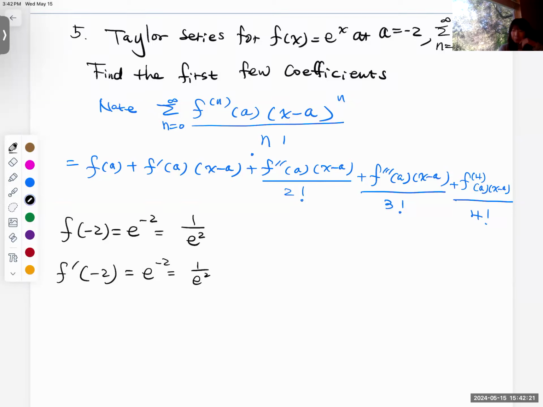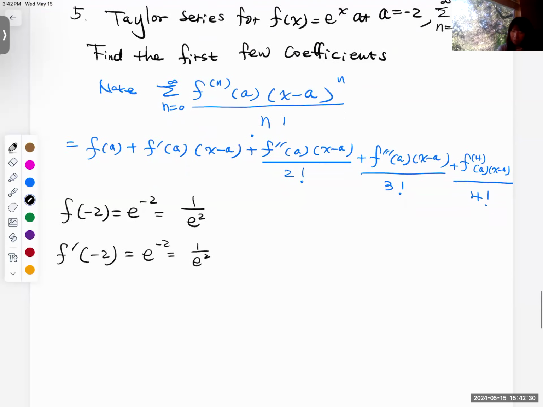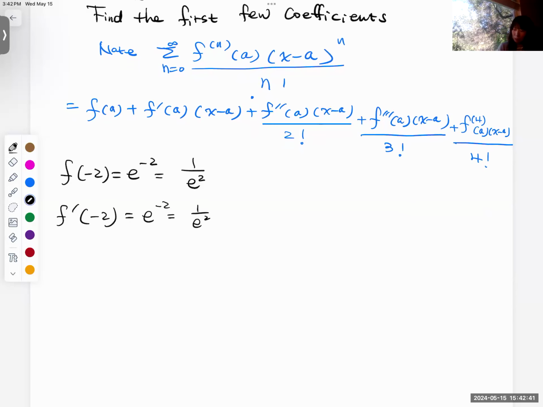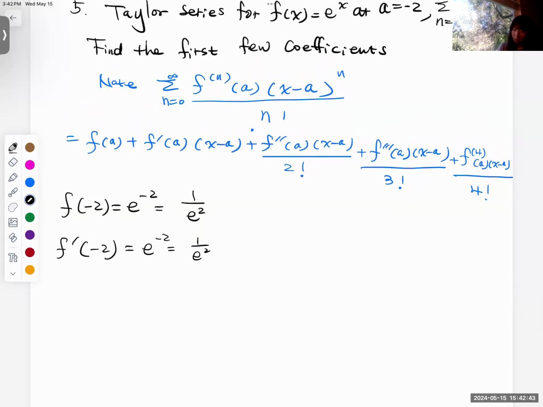Okay, now second, let's just ignore x minus a, yes, because we need just the coefficient.